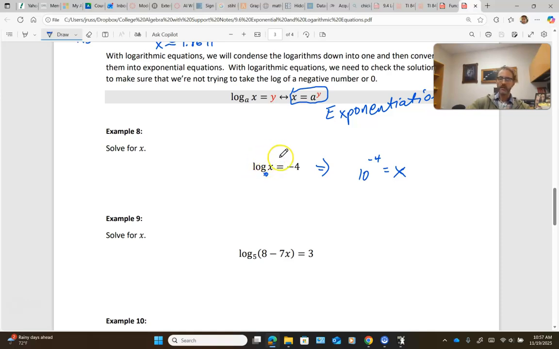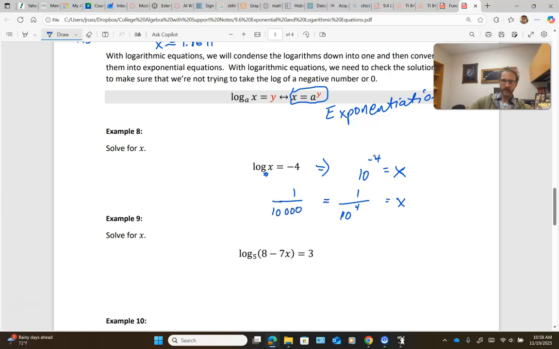Well, guys, when I simply exponentiate this, it's pretty much solved for x. It just says x is equal to whatever 10 to the -4th is. If you remember your rules of exponents, this is the same as 1 over 10 to the +4. And that would be the same as 1 over 10,000.